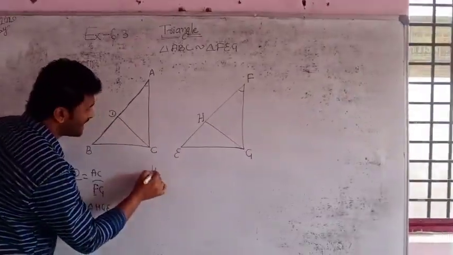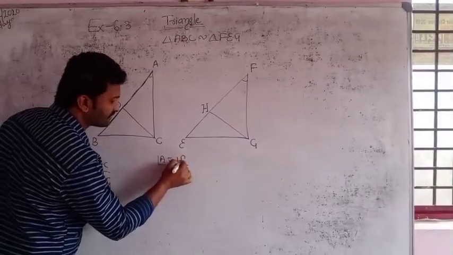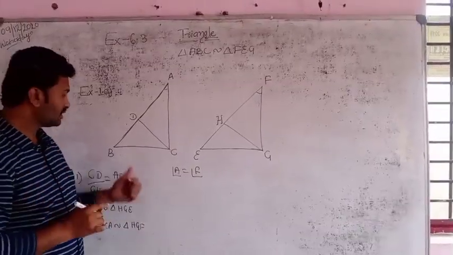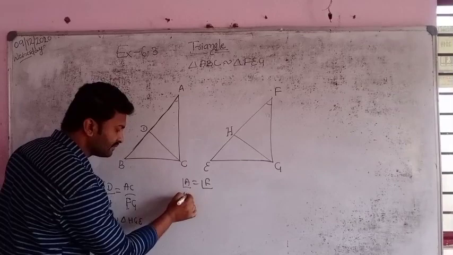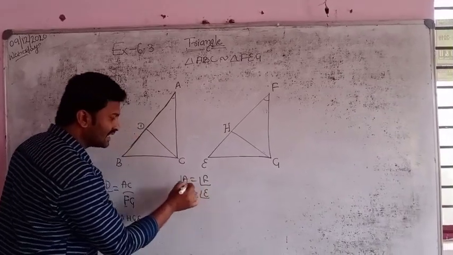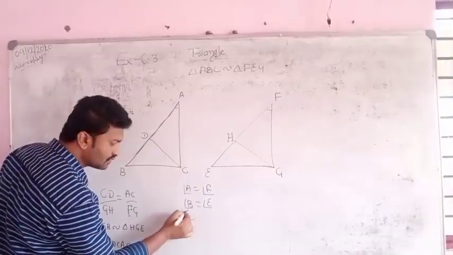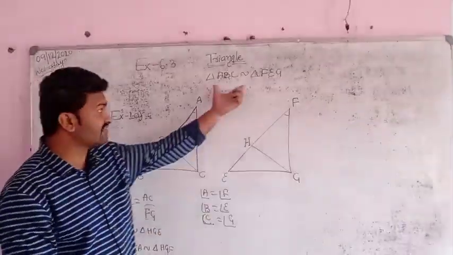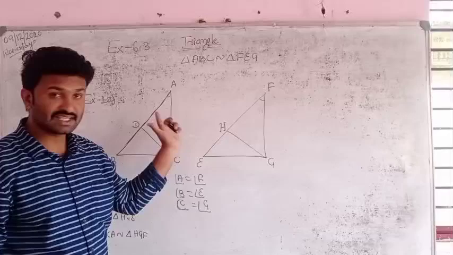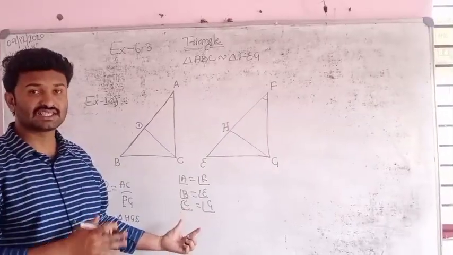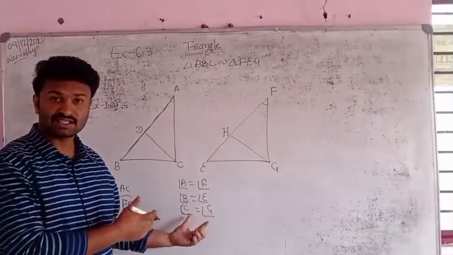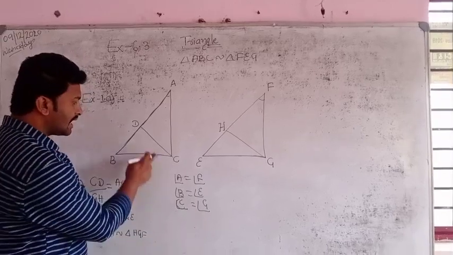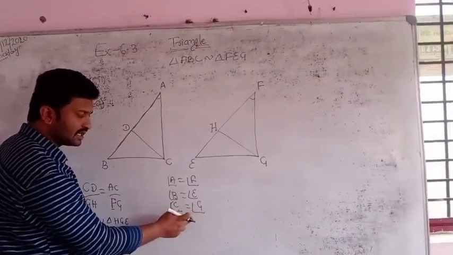Angle A equals angle F, angle B equals angle E, and angle C equals angle G. This is there in the question itself. He has given both triangles are similar. If both triangles are similar, then their corresponding angles are equal, and this is angle C equals angle G.